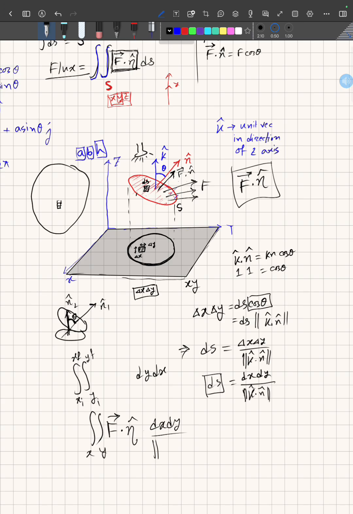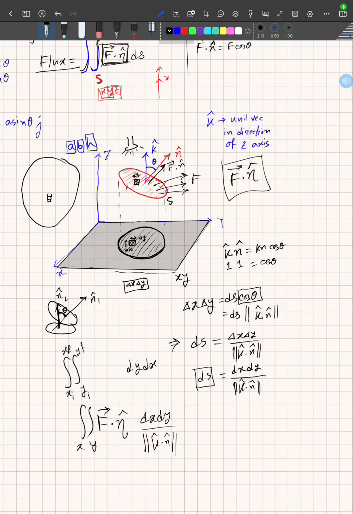This is just a scalar part, so it does not change the orientations or anything like that in the vector field. This is to convert our surface into the xy plane. Great.